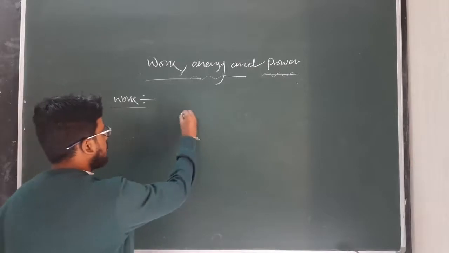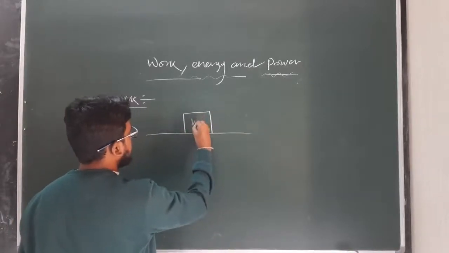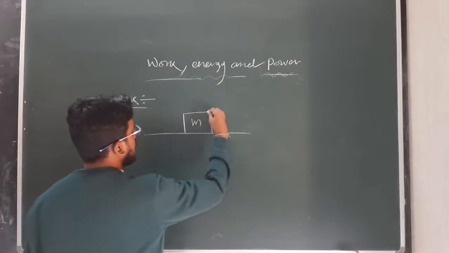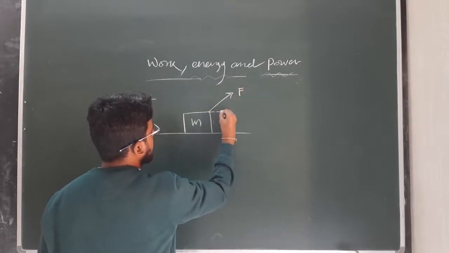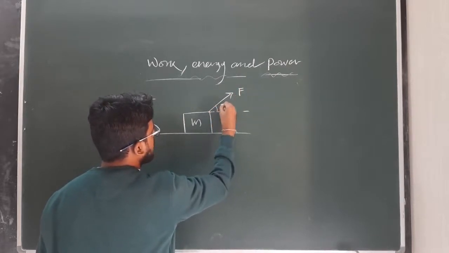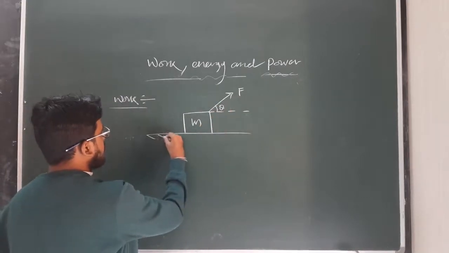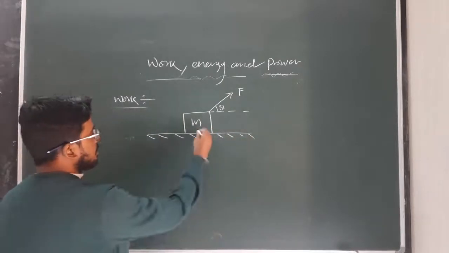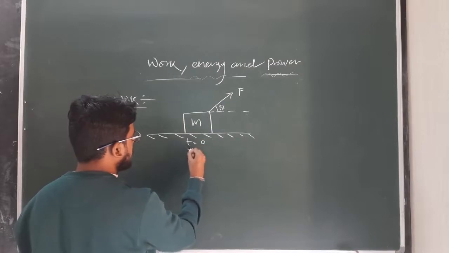For example, here is a block of mass m, and I am applying a force F along this direction, which makes an angle theta with respect to the horizontal. Clear? It is at rest on the surface at t equal to 0, x equal to 0.